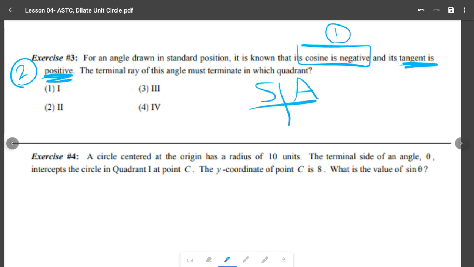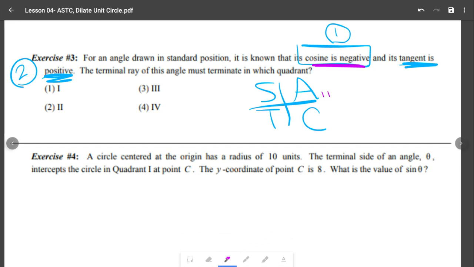So we're going to look at our ASTC, which again, remember, tells you who is positive in each quadrant. So my first criteria is that cosine is negative. Well, which quadrants is cosine negative in? Remember, I said that every function is positive in 2 and negative in 2. A stands for all.